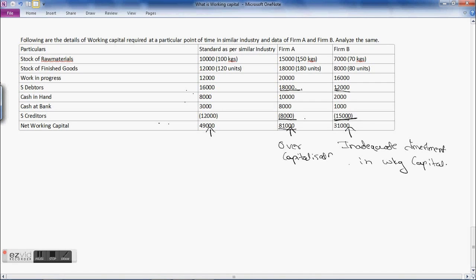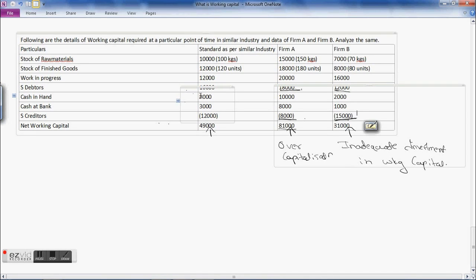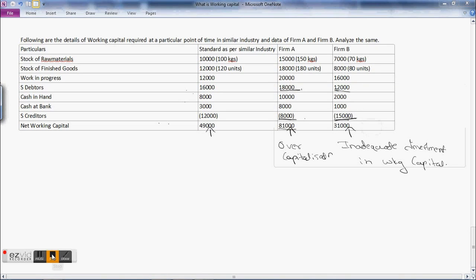If there is a sudden fall in demand, then it needs to decrease its production. So it depends on your standard as well as your particular firm or industry, and the activity of your manufacturing unit, industry, and business. Okay, so this was about working capital and optimum utilization of working capital. Thank you.